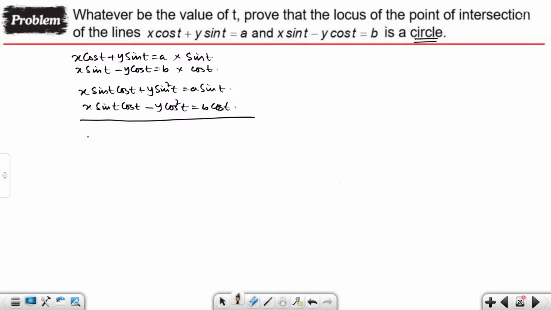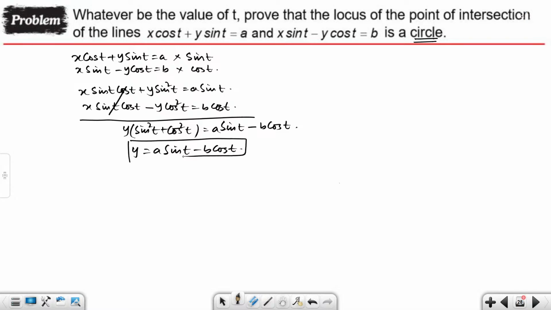If I subtract, this will go off. So y, if I take common, it will be sin square t plus cos square t. And in the right hand side, we are going to have a sin t minus b cos t. Is it clear? So your y is coming to a sin t minus b cos t.